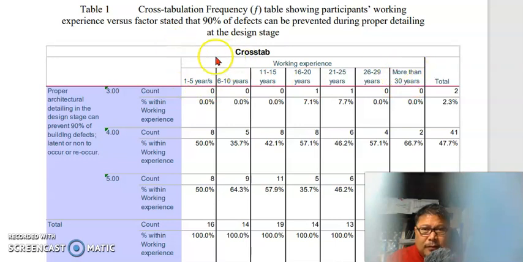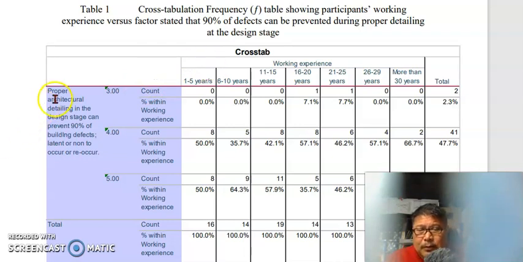Cross-tab analysis on questionnaire number 33, from the list of the quantitative schedule that we work on.